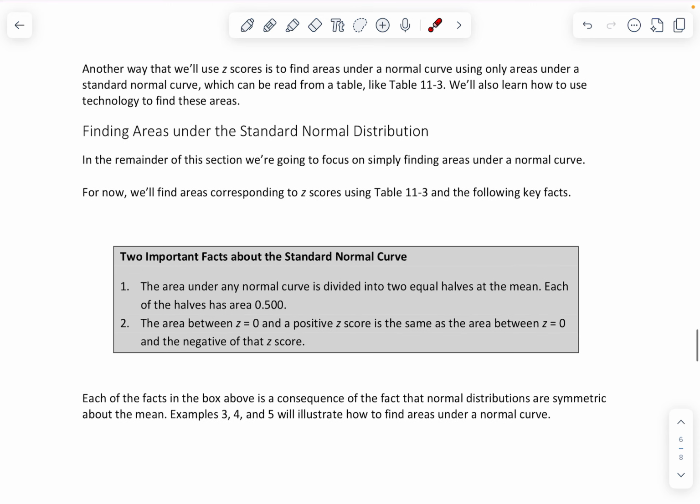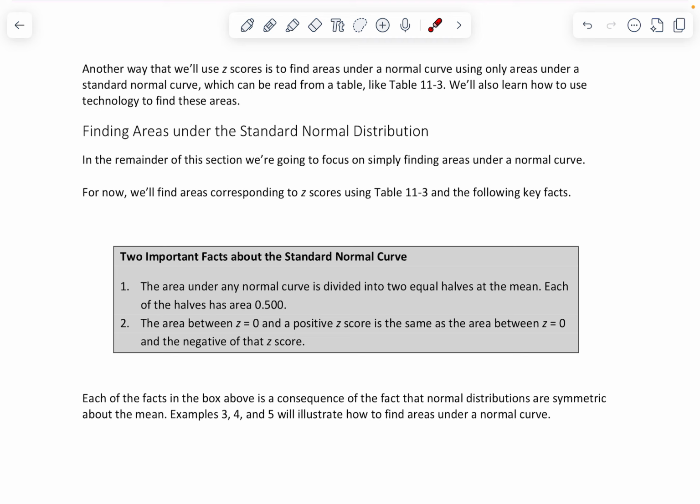Another way that we will use z-scores is to find areas under a standard normal curve. And these can be read from a table, kind of like table 11.3. We'll also learn you can use technology to find these areas.